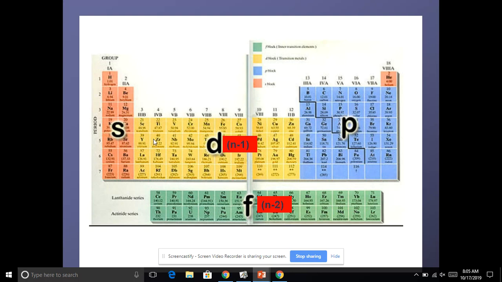So 5S, 4D, 5P. And where we get to the F, you'll notice these two series, lanthanide and actinide, come right here. This lines up with n equals 6, but it's n minus 2, so it would be 4, so it's 4F and 5F. So that's what those N numbers mean. They're just talking about the energy levels within the different kinds of orbitals.